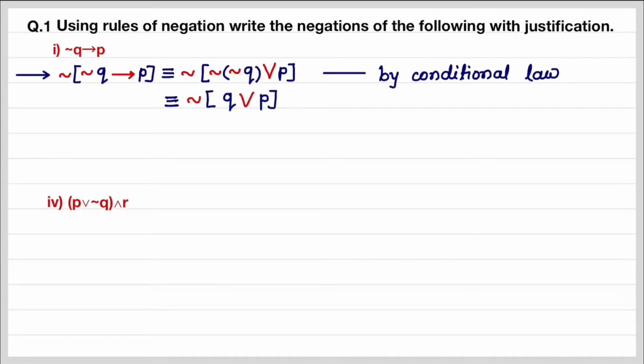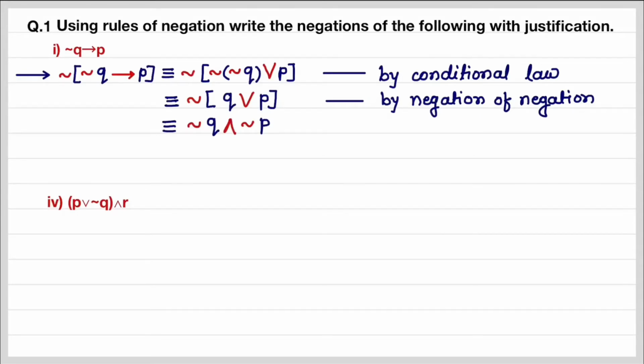But negation of Q is equivalent to Q by negation of negation. Here reason is negation of negation. So the term becomes negation of Q or P. Now by De Morgan's law, it is equivalent to negation of Q and negation of P. Reason is De Morgan's law.